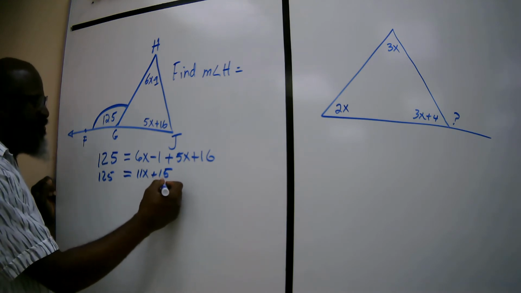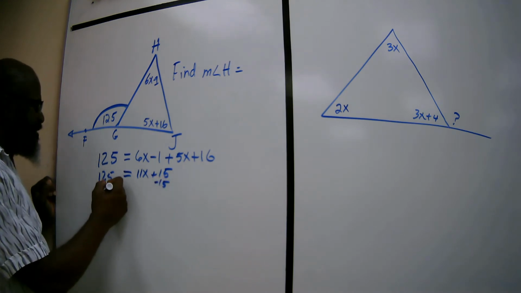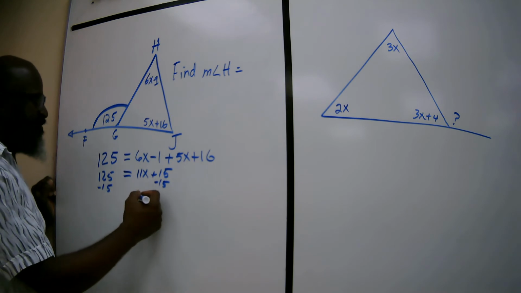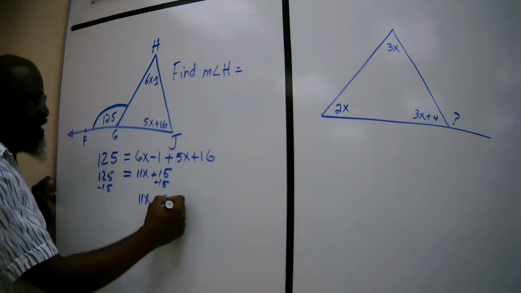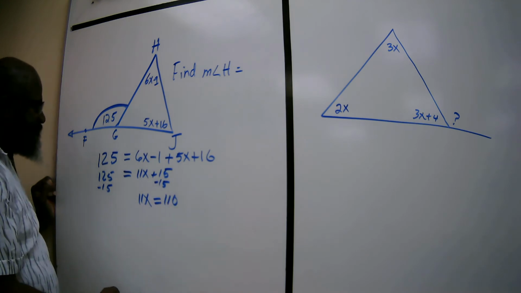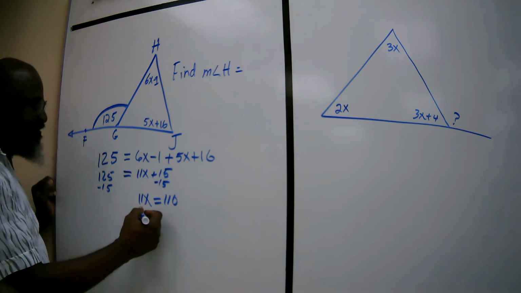Subtract 15 from this side. Then you will have 11x is equal to 110. Divide by 11.